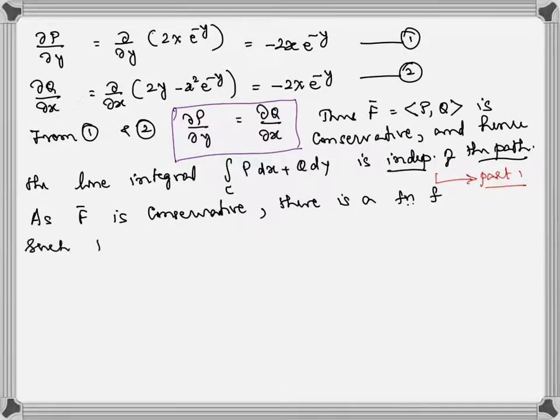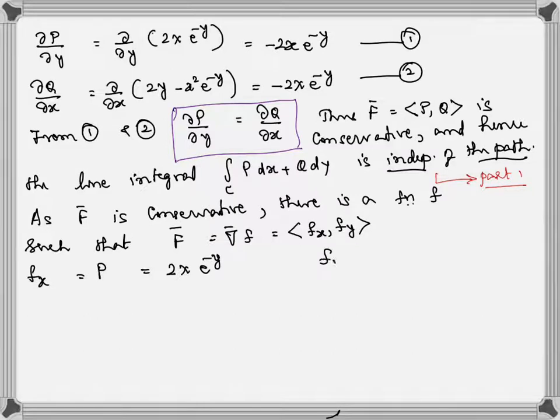If we compare the components, P comma Q is equal to fx comma fy. So fx equals P, which is 2x e to the negative y, and fy is the Q of the vector field F, the j component, which is 2y minus x squared times e to the negative y.